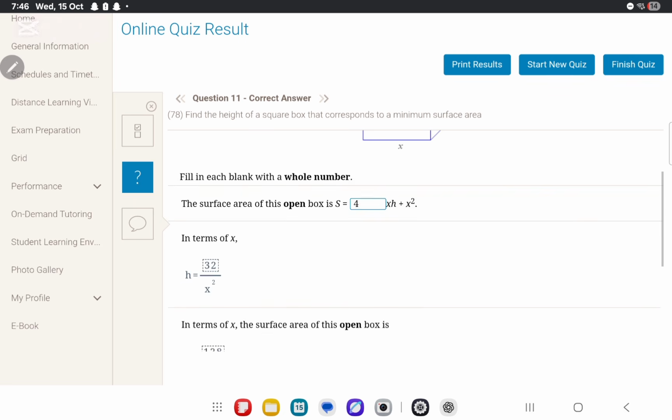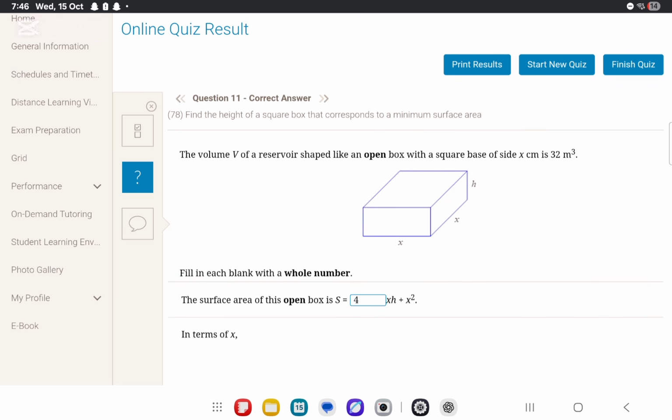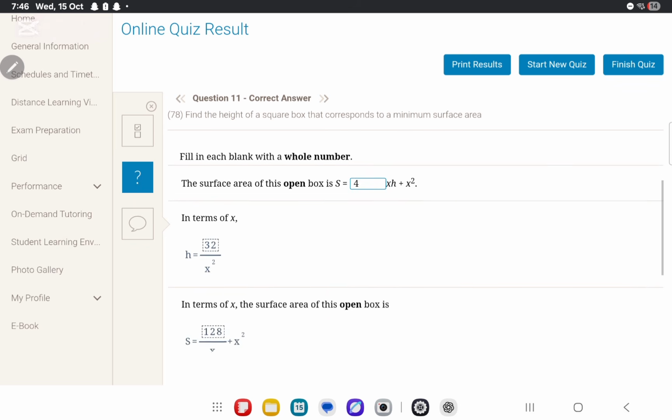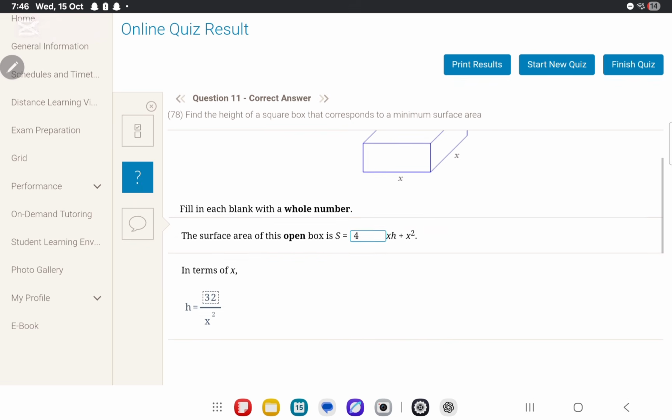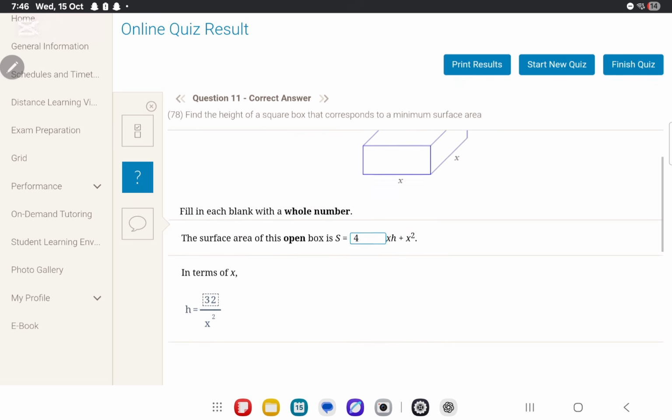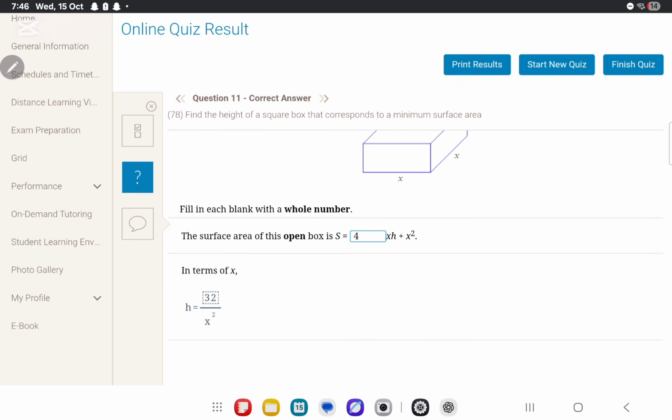Now, in terms of x, do I have the surface area given? The square base, okay, side x, and the volume is 32. Now the volume of this is gonna be length times width times height, right? So it's gonna be x squared times height, because x times x times height.